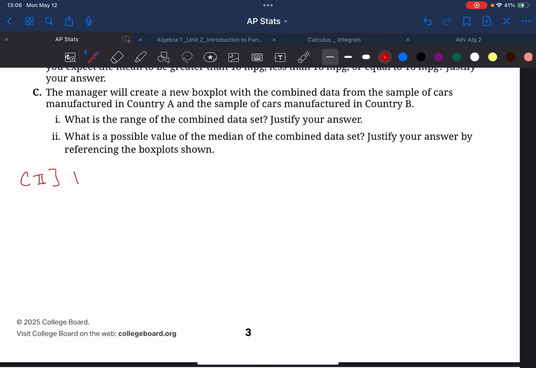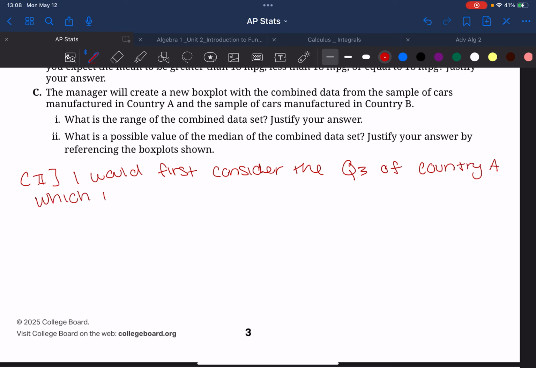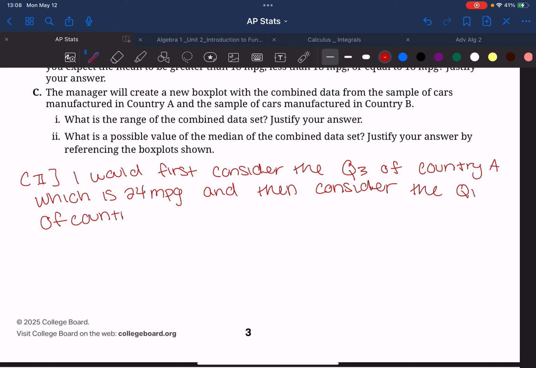So I would first consider the third quartile of country A, which is 24 miles per gallon, and then consider the first quartile of country B, which is also 24 miles per gallon.